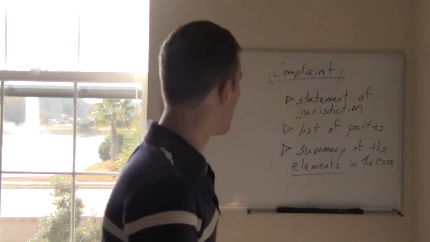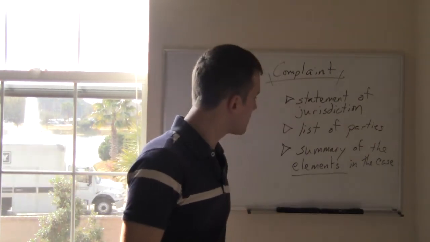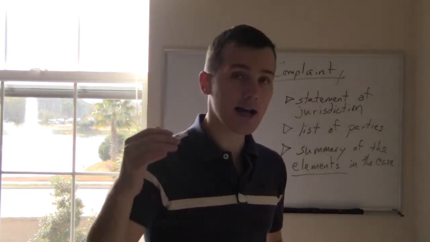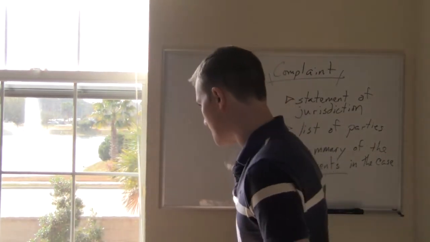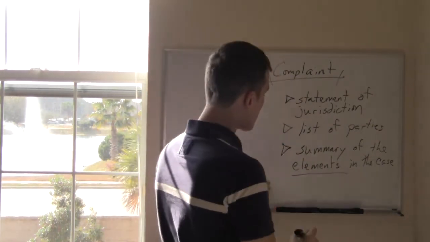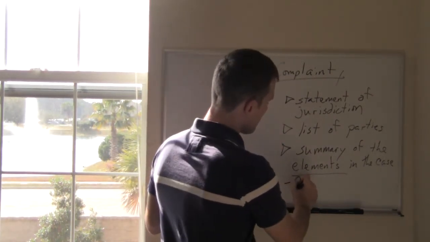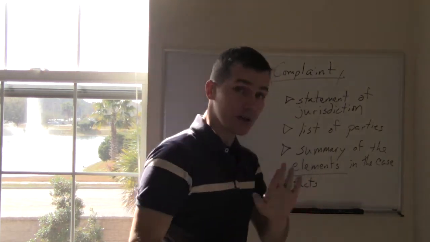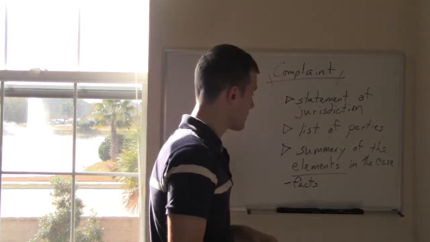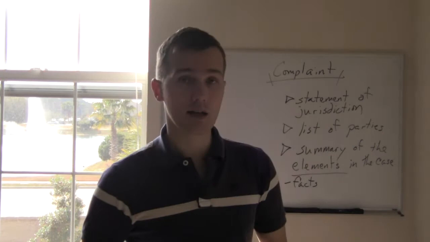So each of those are elements, and if someone is suing for trespass, they're going to have to include each of those elements. They're also going to have to specify generally the facts that support the elements. So, the elements for trespass, the defendant must enter upon another's property.